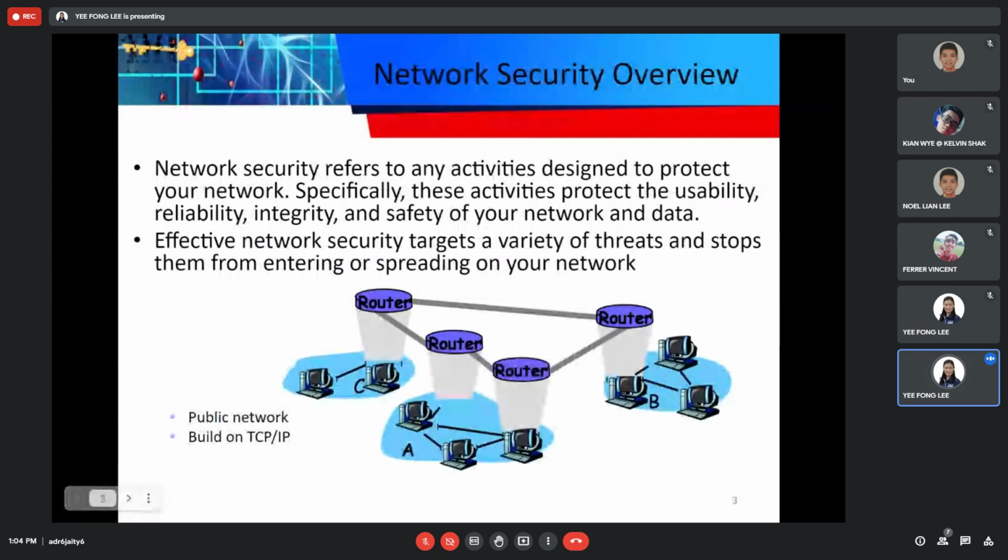So we look at the network security overview here. Network security refers to any activity designed to protect the network, especially to protect the usability, reliability, integrity, and safety of a network. Network here refers to internal and external network as well as data.